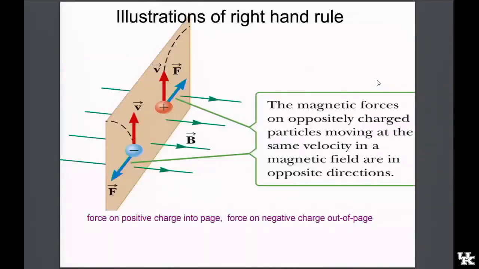Here's a couple of examples. Let's see if we can do these. In this overhead, I've got a magnetic field that's from the left of the room to the right of the room. I've got two moving charged particles.